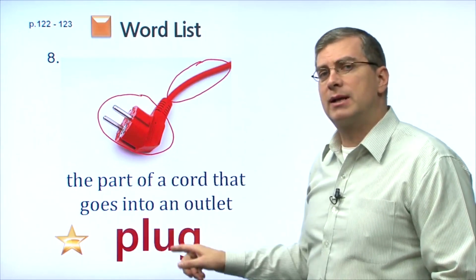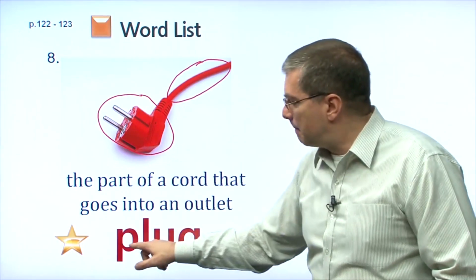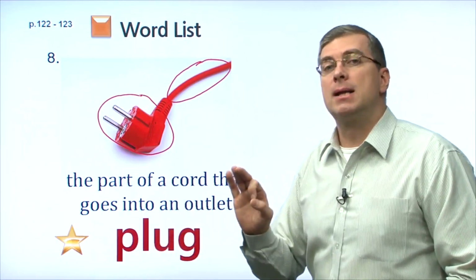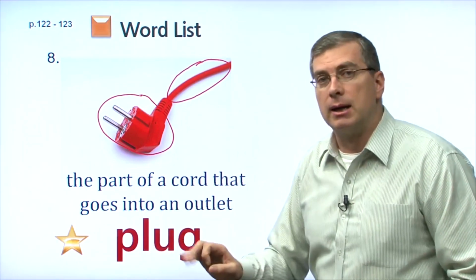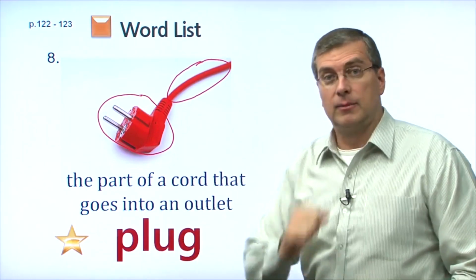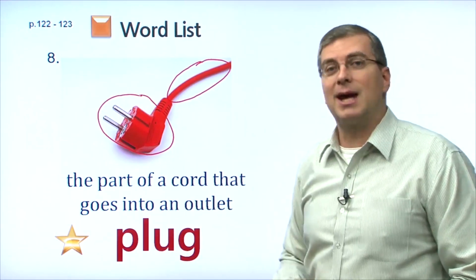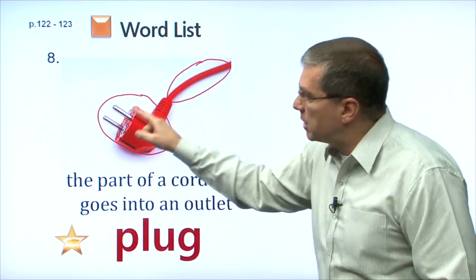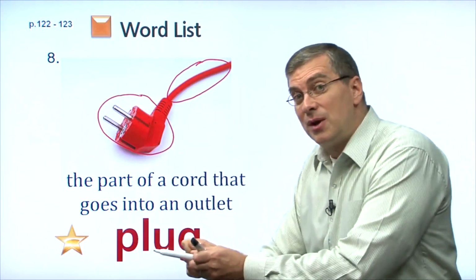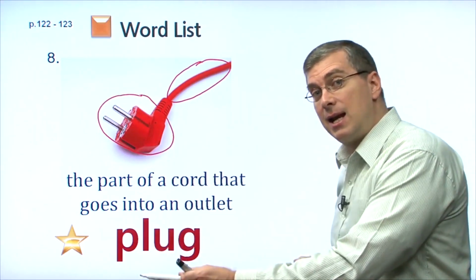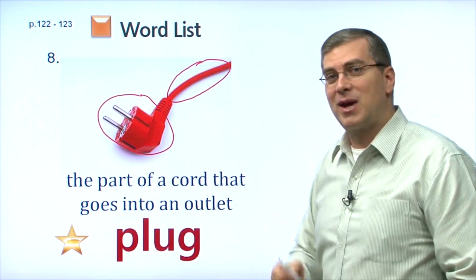Plug. Let's practice that. We have a blend, P and L. P-L. Plug. Plug. You guys, plug. Very good. Okay, plug. So we use this plug, we put it into the outlet, and then we can get our electricity. Okay, great.